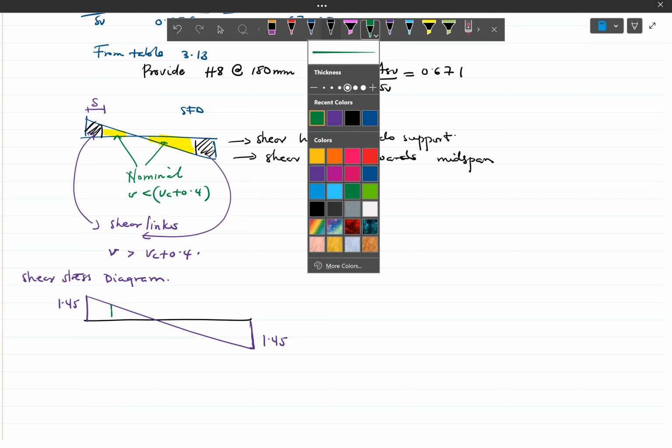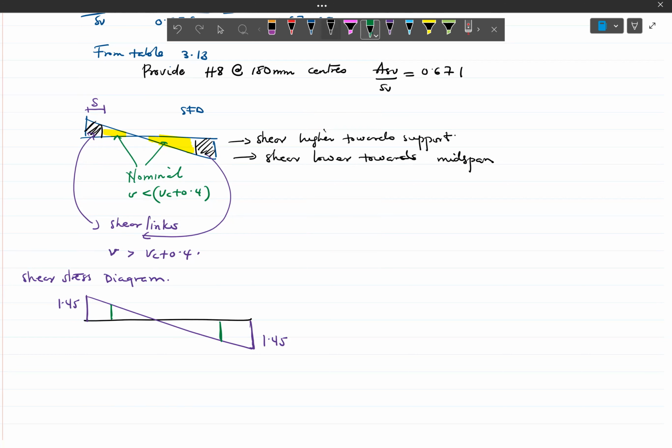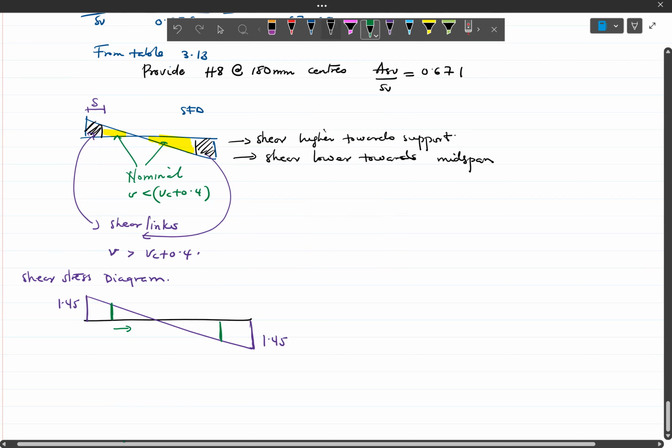At some distance, which we don't know because we're assuming the system is symmetrical, we need to find the shear stress such that beyond this towards the center, we need only nominal reinforcement.